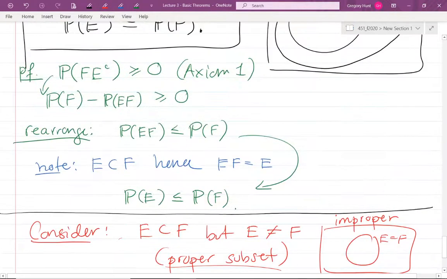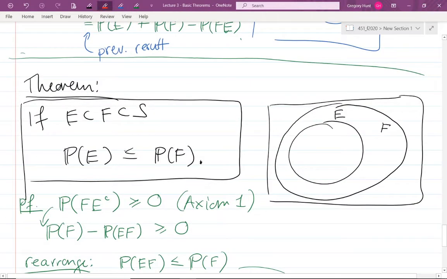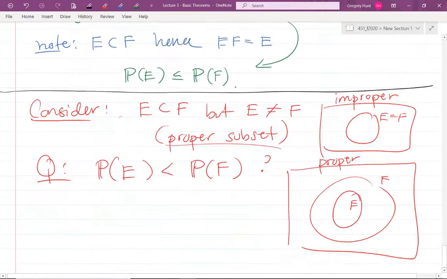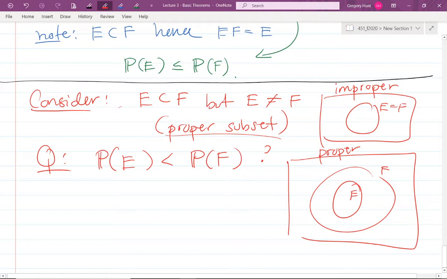The theorem says, well, we can say it's less than or equal to. But maybe that's only because we don't know if E and F are identical. If we know E and F are not identical, can we make that stricter statement? The probability of E has to be less than the probability of F.